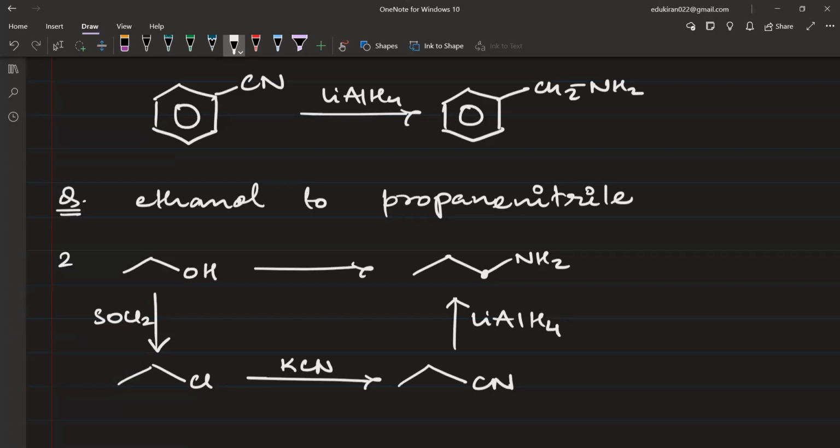So here you had 2 carbon atoms, and here you are having 3 carbons. It's important for these types of conversions.